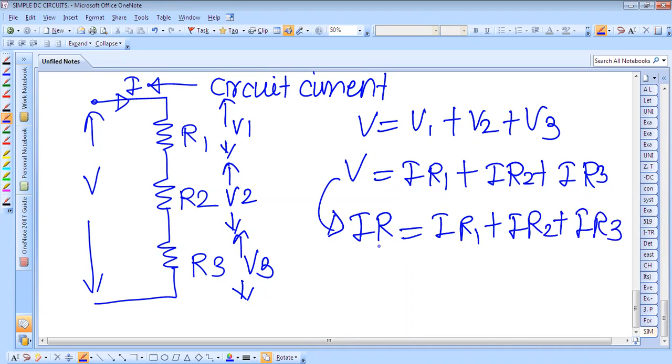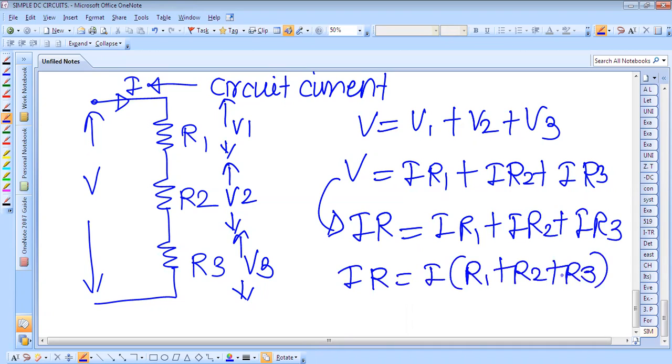Now here we can take I common, so it will get cancelled.